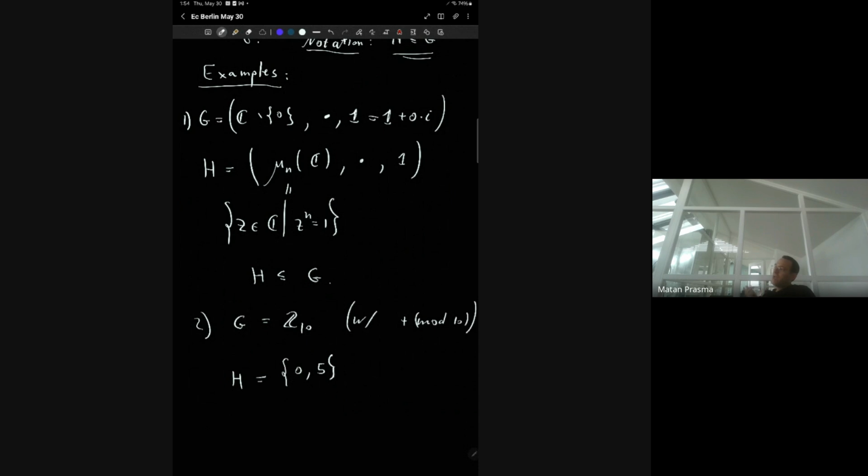Because if I add two elements in the set H, the only non-trivial thing that I could do is to add 5 plus 5. 5 plus 5 is 0 modulo 10. So I stay within the subset H. What is the inverse of 5 in Z modulo 10? It's 5. So the inverse of 5 is still in the set. And the neutral element 0 is of course in the subset.